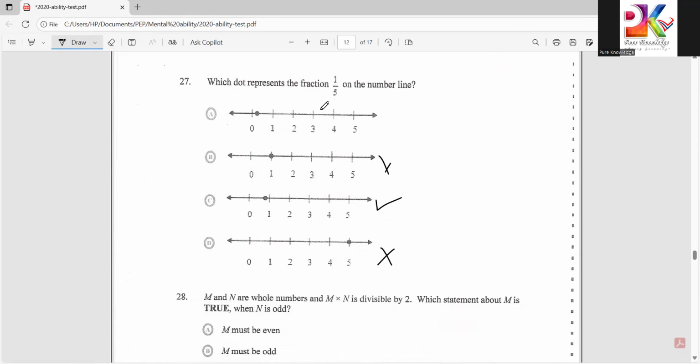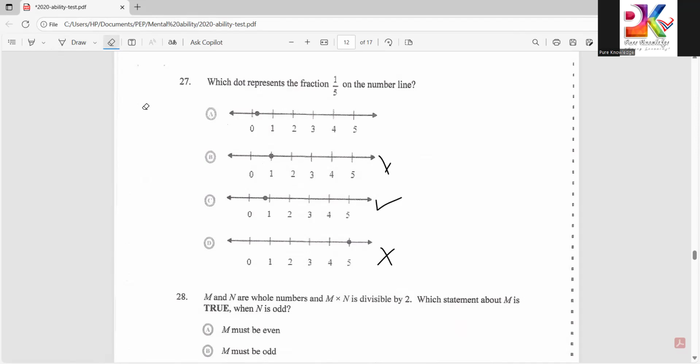But it says 1/5. So remember that we'll be dividing this up. If we divide this up in 5, 1, 2, 3, it will be around here. So remember we are estimating.